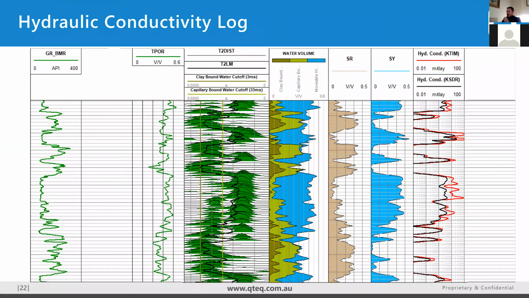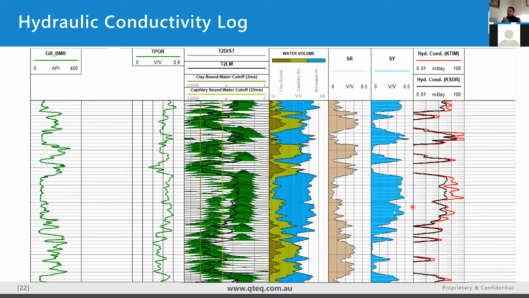These are just using default coefficients, which I show you in the next few slides. But the beauty of this now is that we get a measurement of where our high permeability or high hydraulic conductivity zones are, and where our impermeable layers are in a nice continuous format.